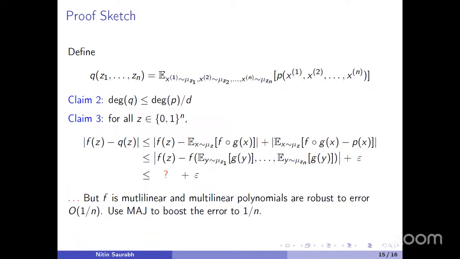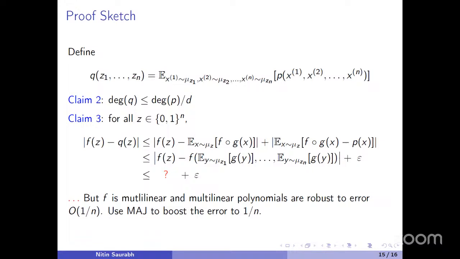So what you are feeding is epsilon and 1 minus epsilon, which are constant-close to 0 and 1, and you want them to be 1 by n close to 0 and 1.